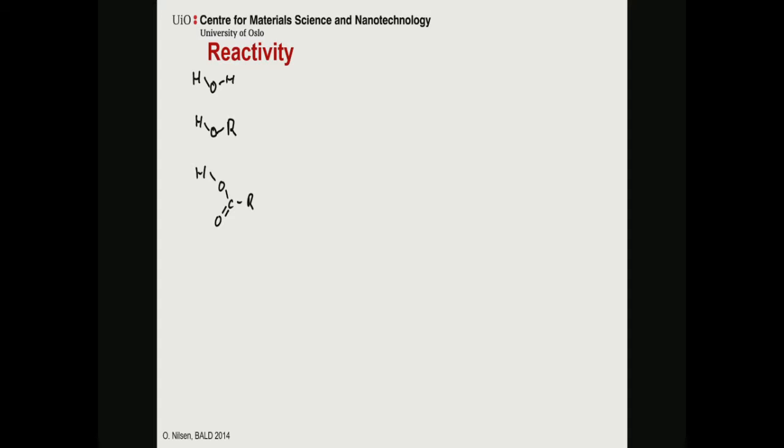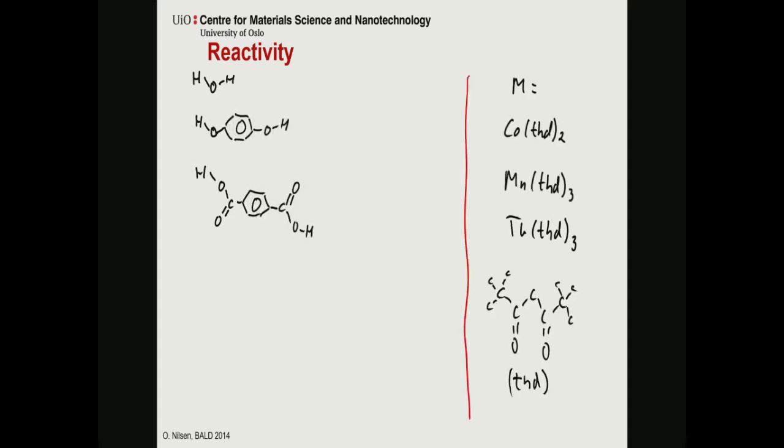Which of those should be most reactive? And now I'm relying on your organic chemists. Carboxylic acid. Why? Because of the double bond and the 2 oxygens there. Yeah, and definitely also the pKa, the acidity. pKa is a measure of how strong this bond here is.